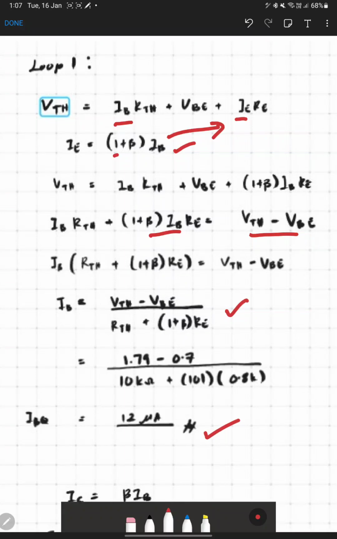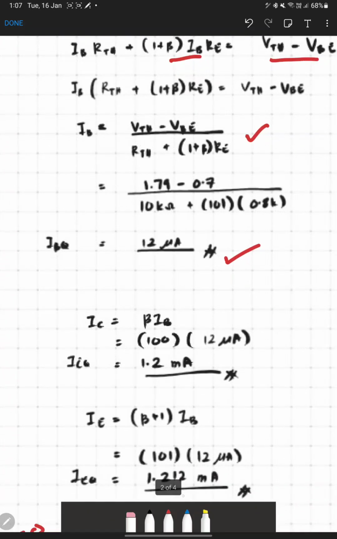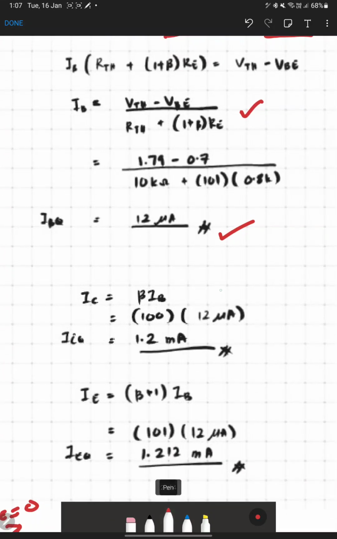Usually IB is in the micro range. Once we have IB, we can find IC by applying beta times IB. Multiplying by 100, we get ICQ equal to 1.2 milliampere.